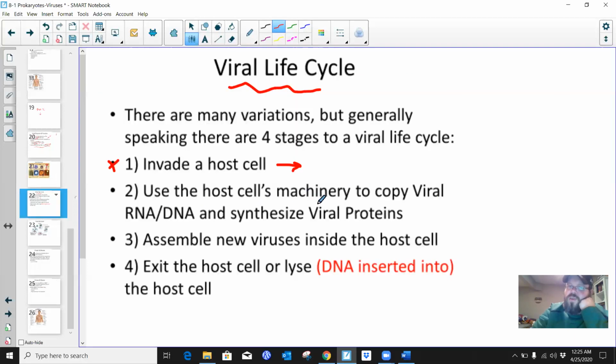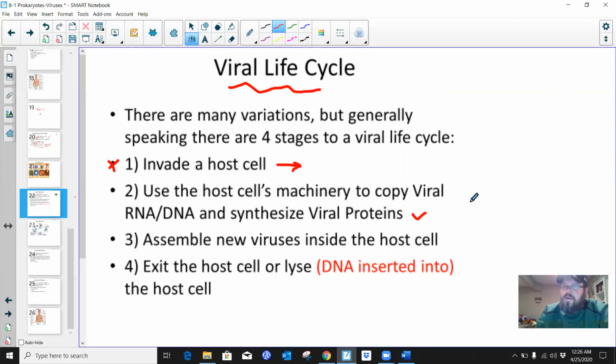And it uses the host cell's machinery to copy viral DNA or RNA and to synthesize these different viral proteins that can ultimately be harmful to the cells that are around or surround it. It uses the cell's ability to copy and produce more DNA and more genetic material, and to be able to then create more copies of the virus.